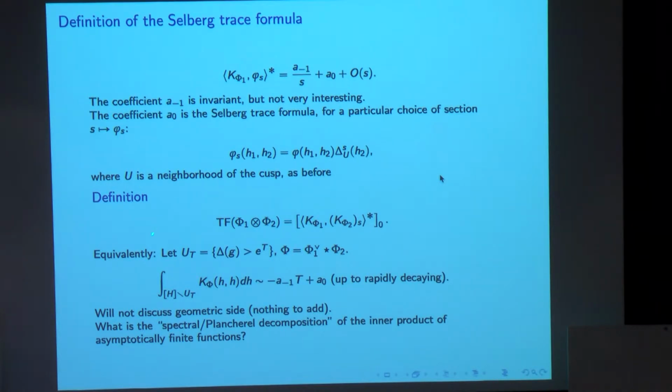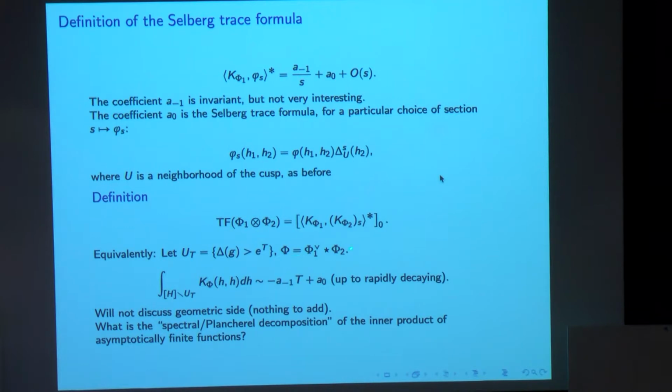Okay. So the definition of the trace formula, one possible definition is this: you take this deformed inner product of the kernel functions, and then you take the constant coefficient of the Laurent expansion at s equals 0. This is equivalent to the definition of truncation.